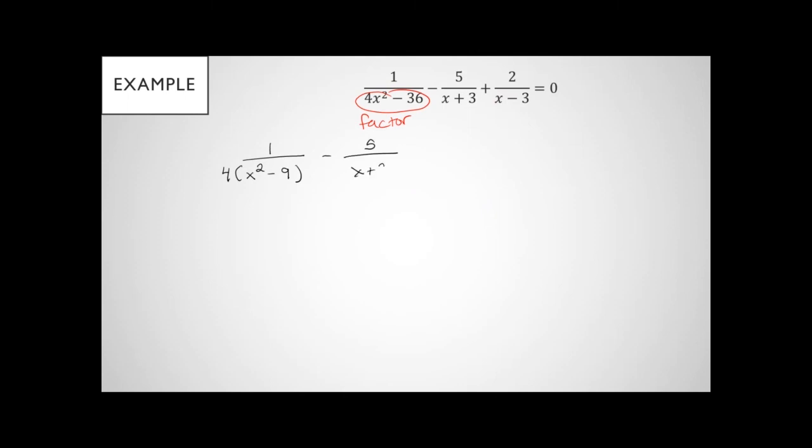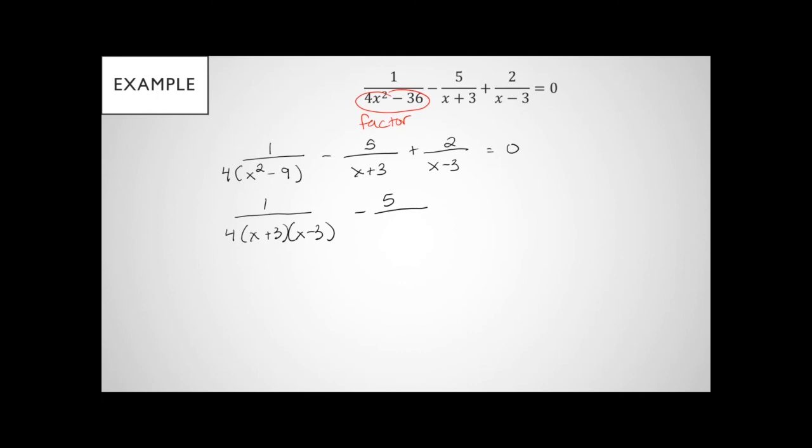So that's a 4. That leaves me with x squared minus 9. Now I'm going to factor further 4. And then x squared minus 9 factors to x plus 3, x minus 3.